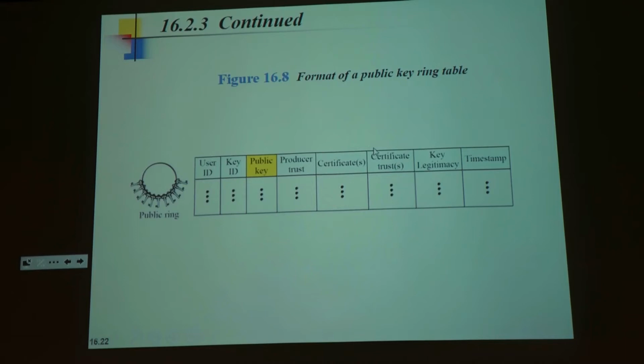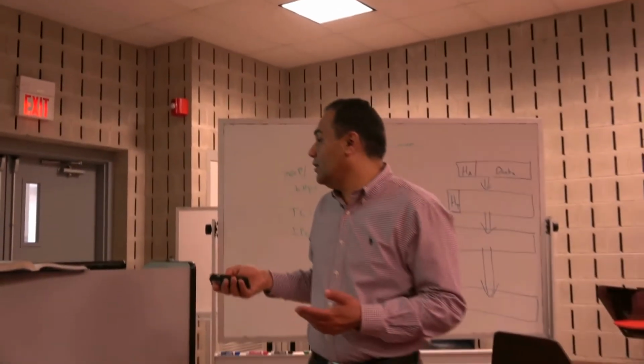We'll see in a second. Then we have the key legitimacy. This value is calculated by PGP based on the value of the certificate trust and the predefined weight for each certificate trust. So we have a certificate trust value and we have a weight. It will be calculated according to that.